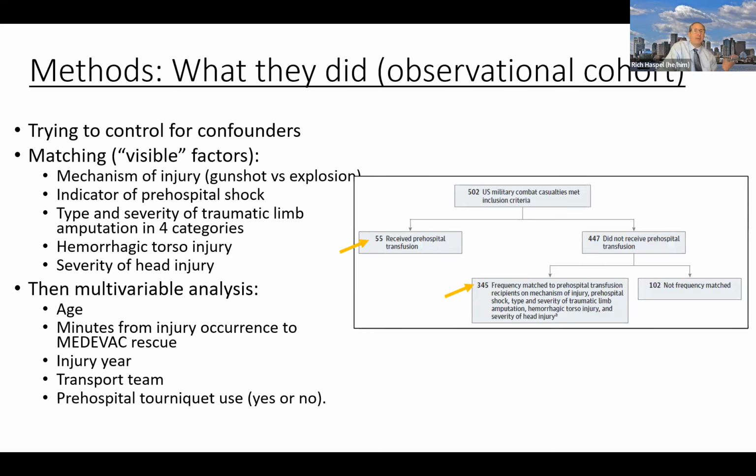But then they further did multivariable analysis on some other things they couldn't match for, okay? Now, at the beginning of the study, they had 502 patients, 55 received pre-hospital transfusion, 447 did not receive pre-hospital transfusion. And of those, they matched 345 to the 55 who received pre-hospital transfusion.